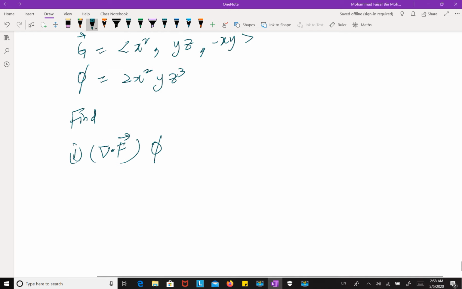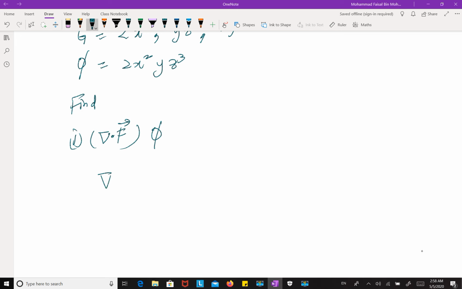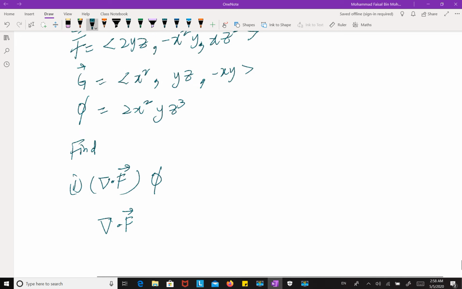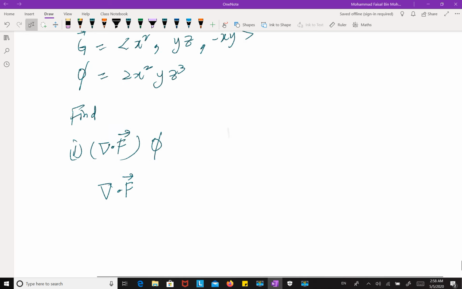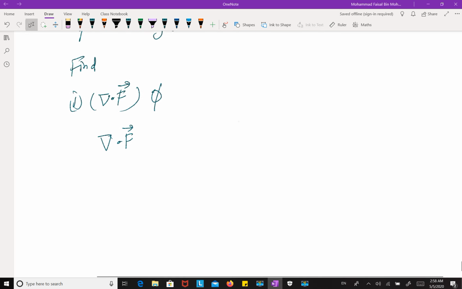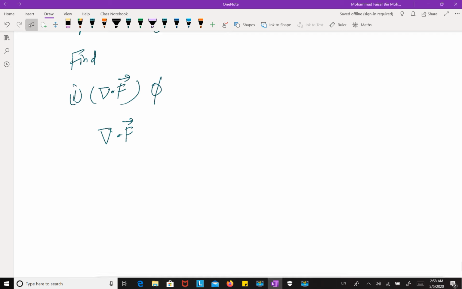So first find del dot F. Del dot F you can find, I already taught you, there is a gradient fx i plus fy j plus fz k. So you will get negative x squared plus 2xz. Okay, try to do.